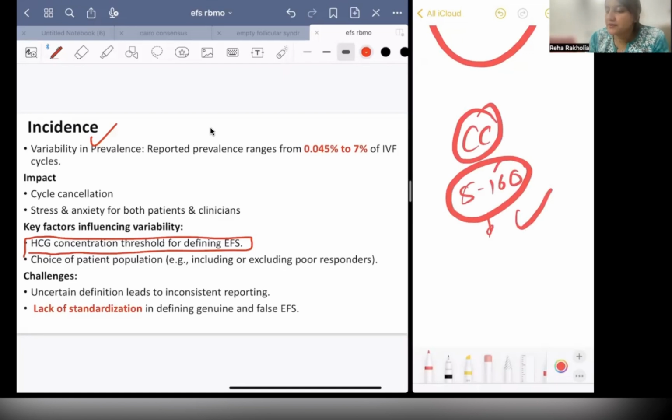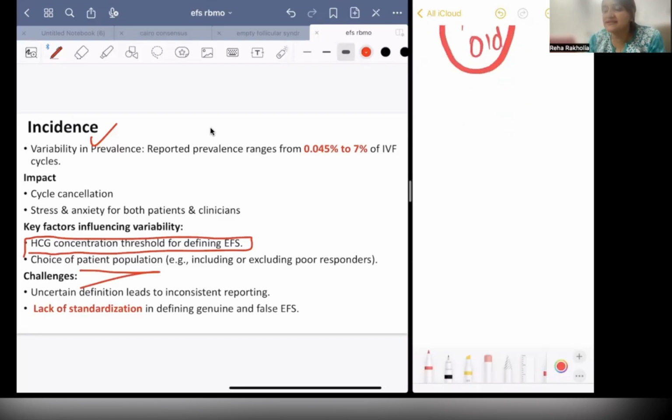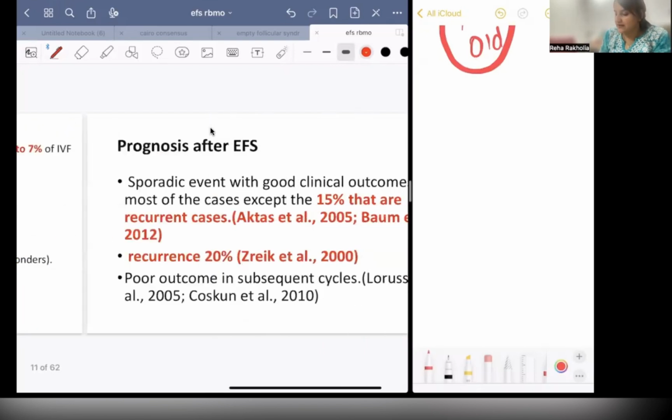Then the choice of patient population: in poor responders and older patients, it is said there are more chances of EFS. The challenge is that an uncertain definition led to inconsistent reporting. Some studies say this much is the incidence, some say that much. So we cannot decide on the incidence because of lack of standardization in defining genuine and false EFS.